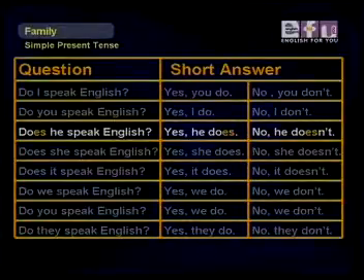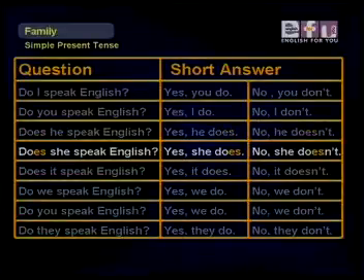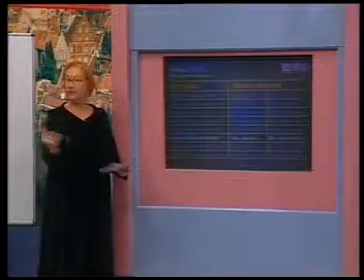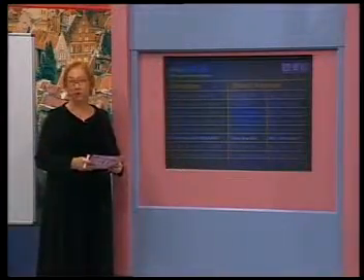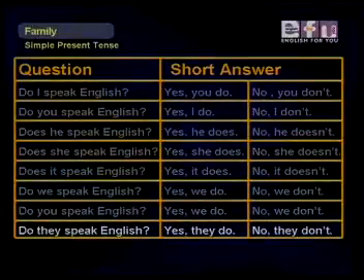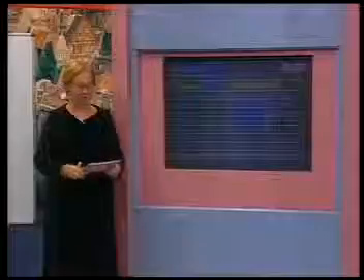With she, does she speak English? Yes, she does. No, she doesn't. Does it speak English? Yes, it does. No, it doesn't. Do we speak English? Yes, we do. No, we don't. Do you speak English? Yes, we do. No, we don't. Do they speak English? Yes, they do. No, they don't.